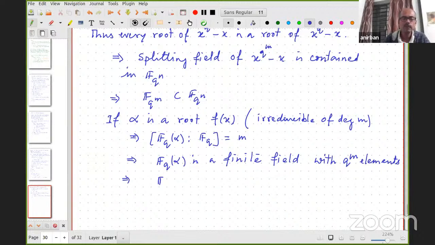So therefore, F_q(alpha) is the same as F_q^m, that splitting field, by uniqueness of splitting field.